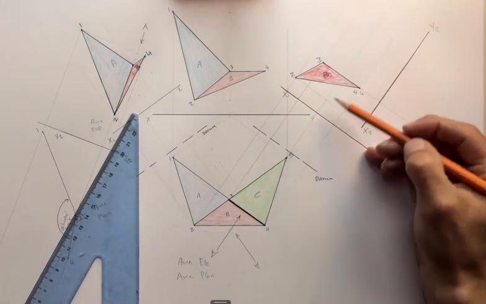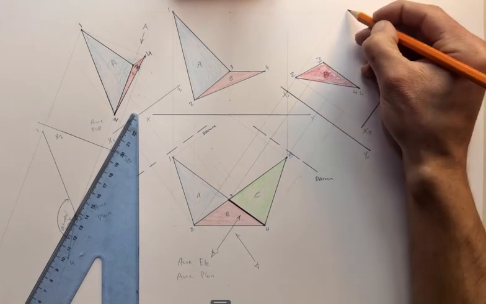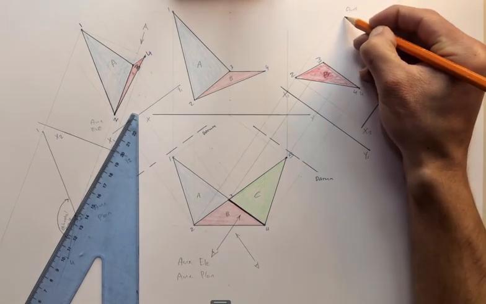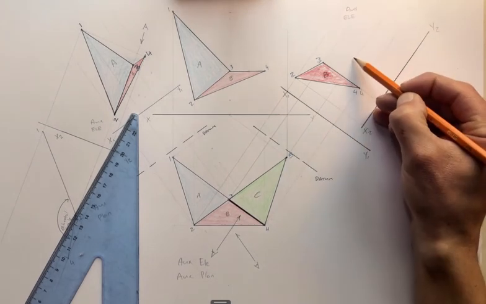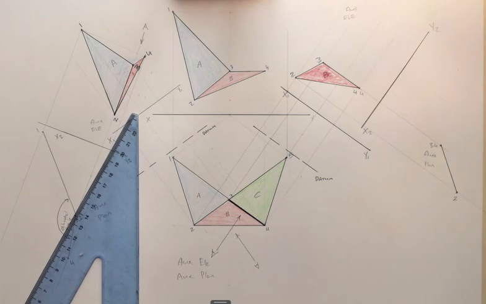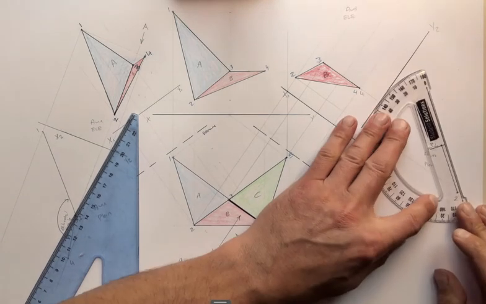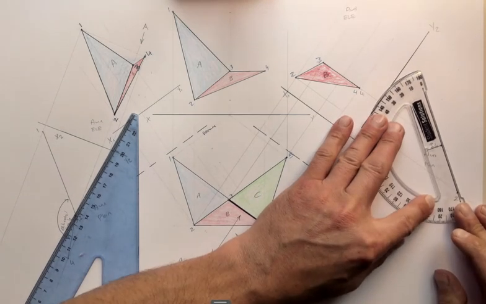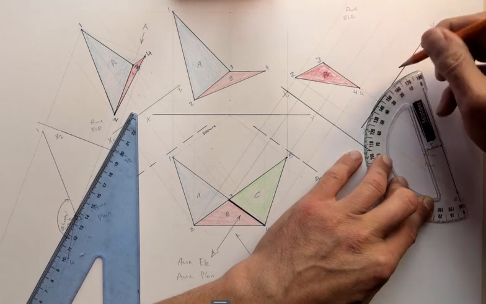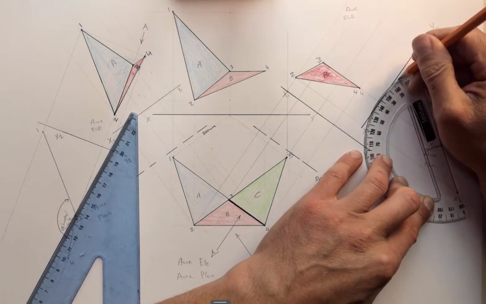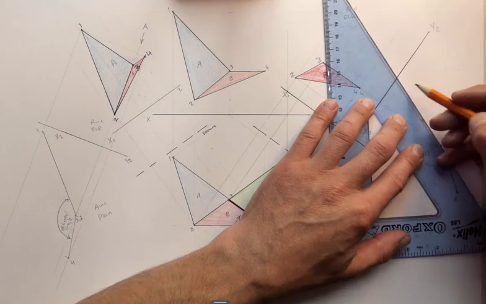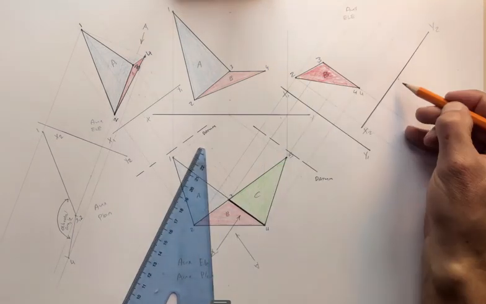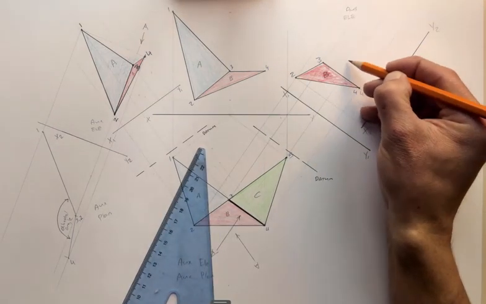Meaning, in my auxiliary elevation, which we have here, when I project out 5, 5 will be up here someplace. If I project 160 degrees back in this direction, the point will end up in that area.